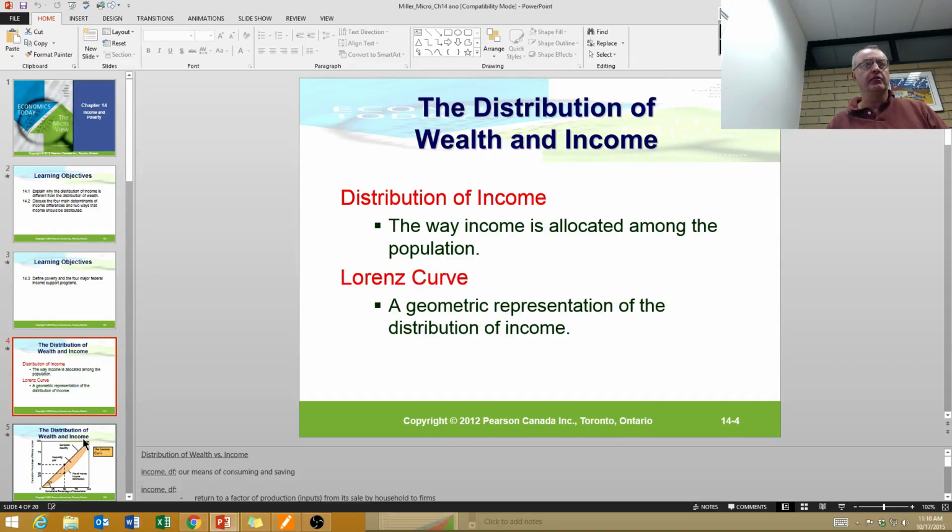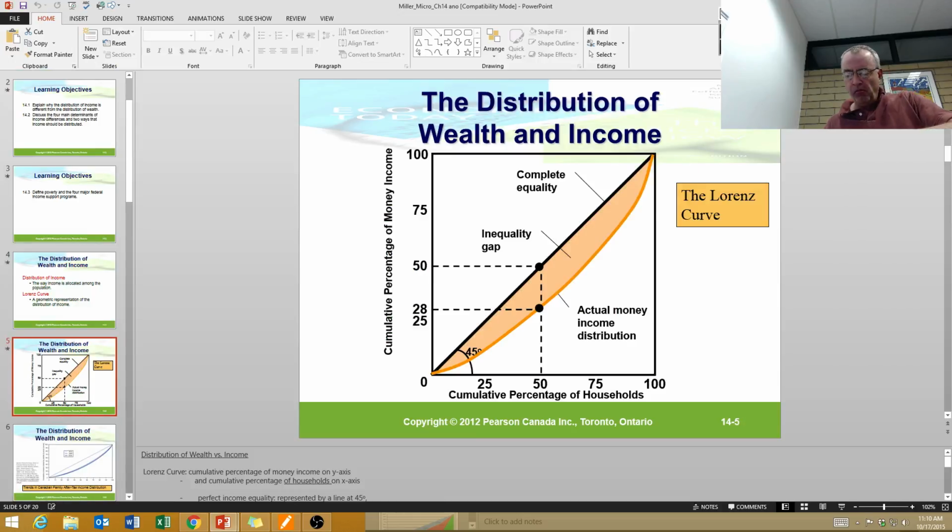And we have an example of the Lorenz curve right here. The Lorenz curve was developed by an American economist about 100 years ago, Max Lorenz in 1905, as a way of describing income inequalities.